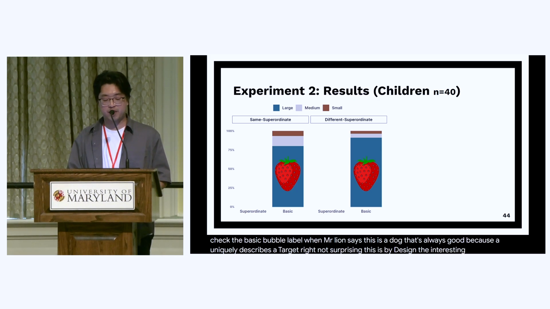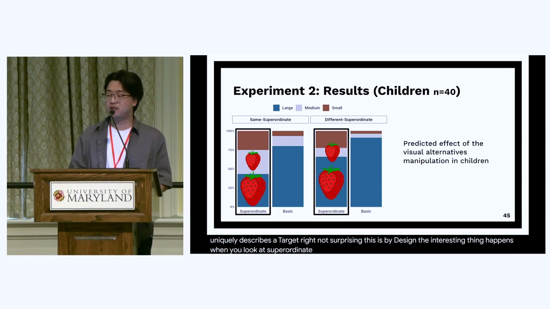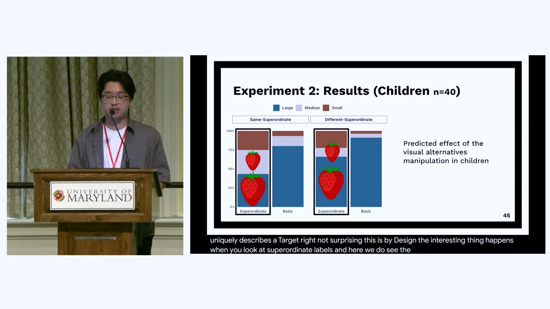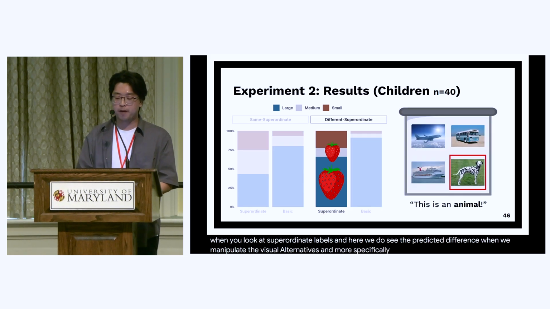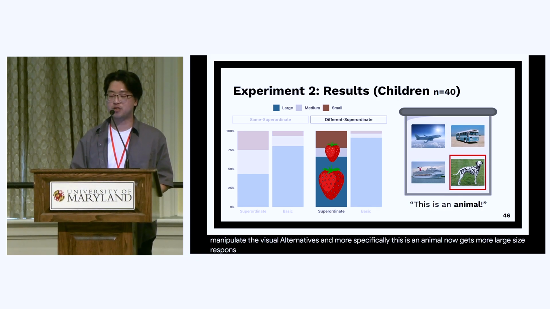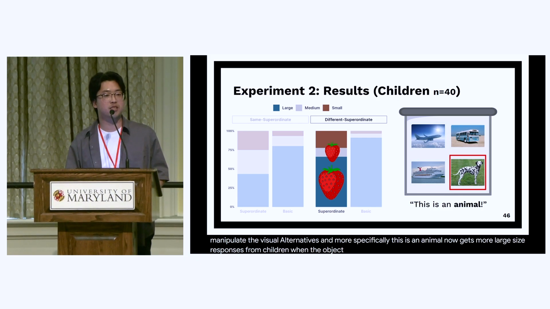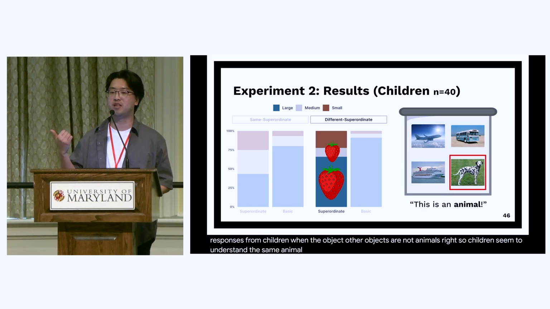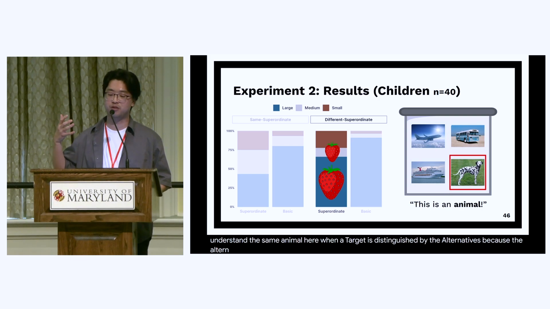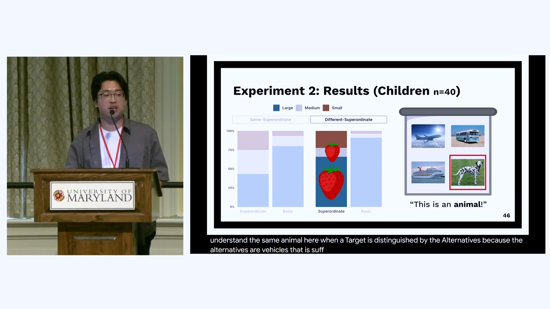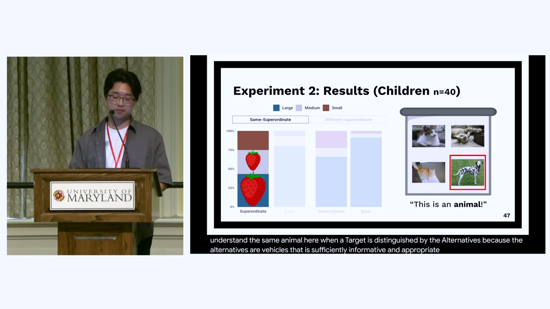The interesting thing happens when we look at superordinate labels. And here we do see the predicted difference when we manipulate the visual alternatives. More specifically, this is an animal now gets more large-sized responses from children when the other objects are non-animals, right? So children seem to understand that saying animal here, when the target is distinguished by the alternatives because the alternatives are vehicles, is sufficiently informative and appropriate.